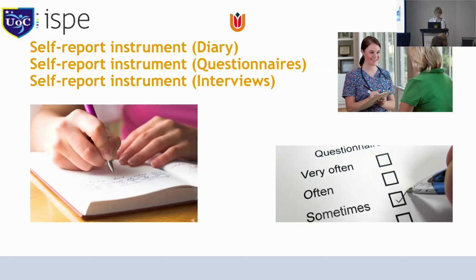And by means of interviews, you can ask the questions of the questionnaire and perform a quantitative analysis, but you can also, and that is more often done, use an interview to collect qualitative data. And I will tell a little bit more about that.